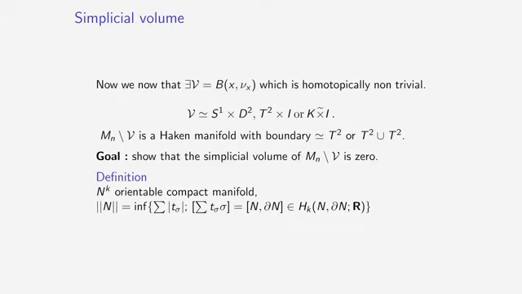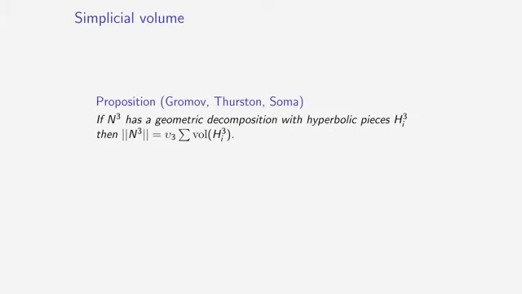So this is a number, which is the norm of the manifold, and it's a very powerful invariant. So here's a property in dimension 3. If a manifold has a geometric decomposition, and if the hyperbolic pieces are denoted HI here, then the simplicial volume can be computed.